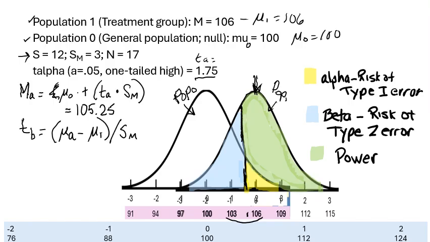If we do that, we discover that we have a t-score on that distribution of minus 0.25. That would be a quarter of a standard deviation below the mean on this second distribution.